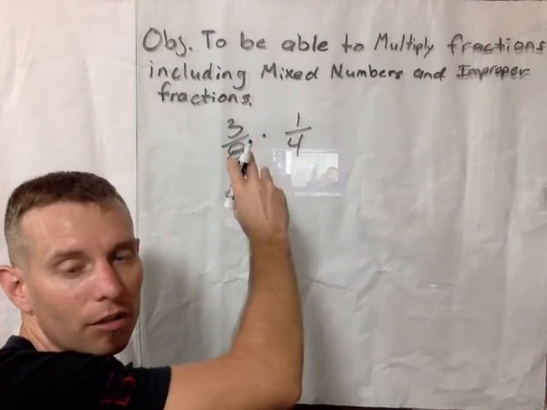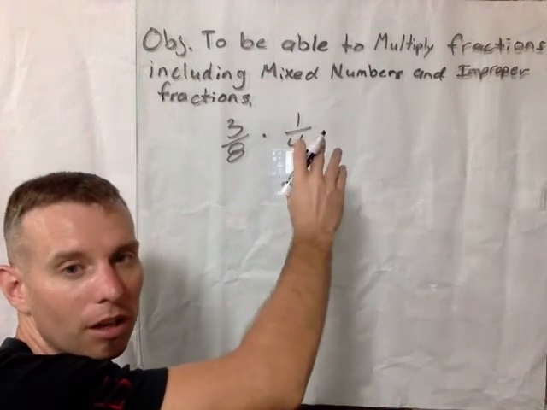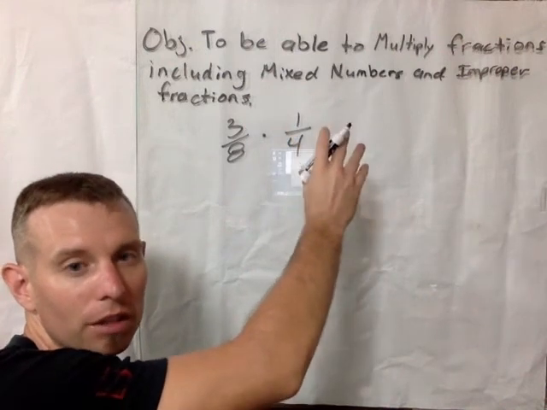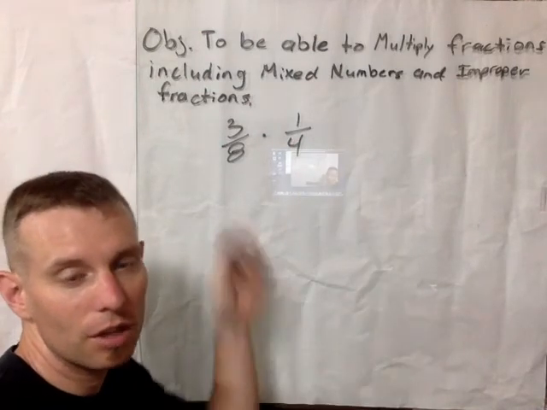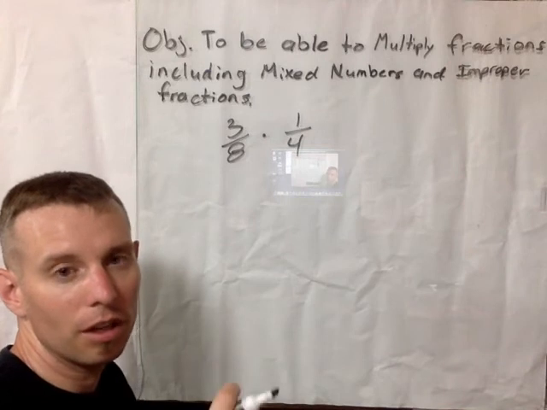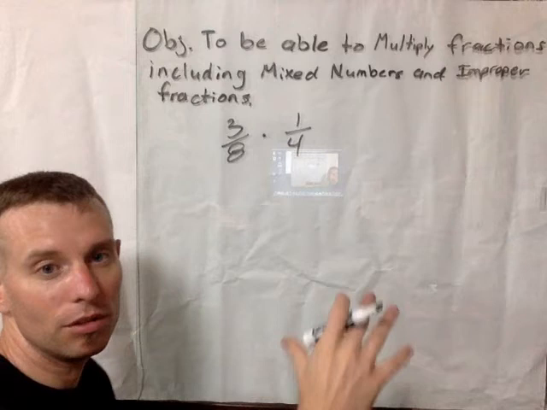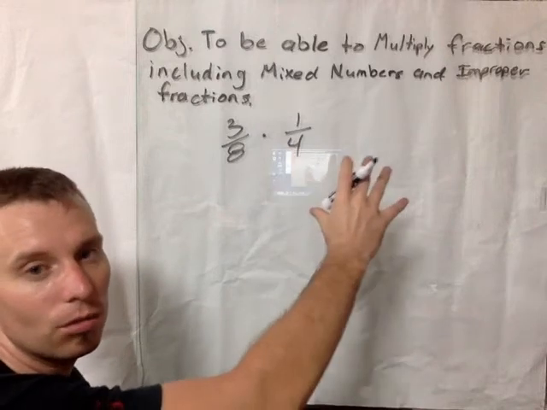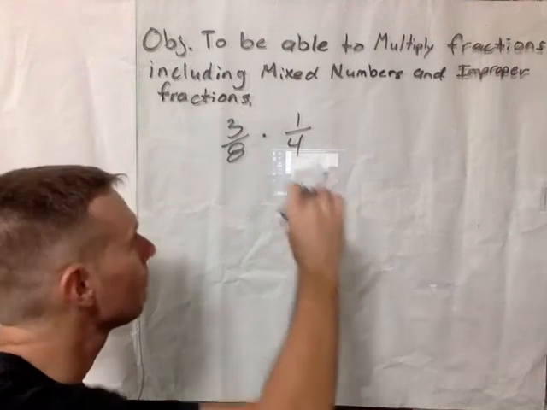So if we were going to add these two, then we would have to change this to 2/8, but we're not. We're multiplying, so we don't need to change it. Just make sure that when you need to get the denominators the same in addition and subtraction, you don't forget to do that. There are different rules for addition and subtraction, and for multiplication and division.